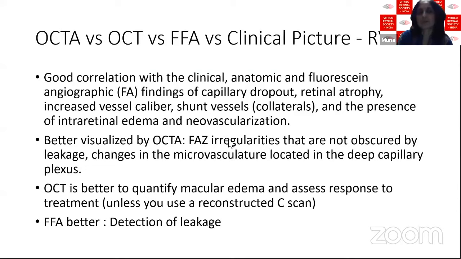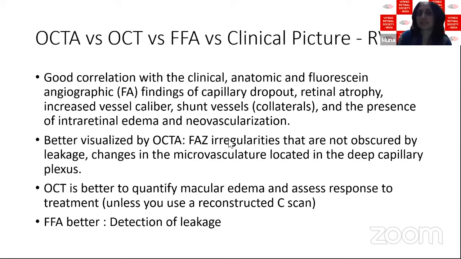Now, how would OCTA compare versus OCT versus FFA versus the clinical picture in these vascular disorders, typically for retinal vein occlusion? There is a good correlation with the clinical, anatomical, and fluorescein angiographic findings of capillary dropout, retinal atrophy, increased vessel caliber, shunt vessels, the presence of intraretinal edema, and neovascularization.